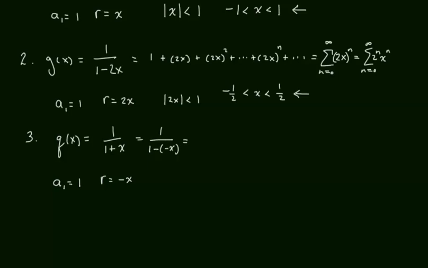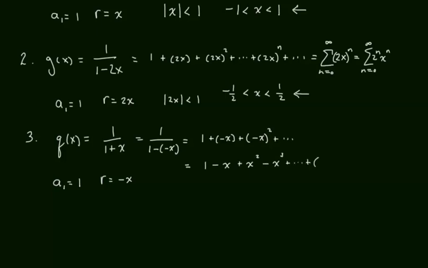So with that being the case, we have 1 plus negative x plus negative x squared plus dot dot dot, and I'm going to write this now: 1 minus x plus positive x squared minus x to the power of 3 plus dot dot dot.